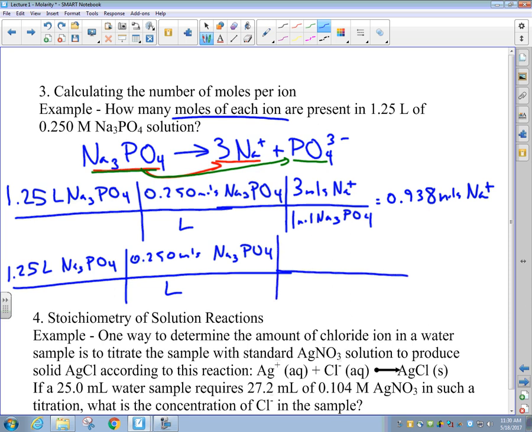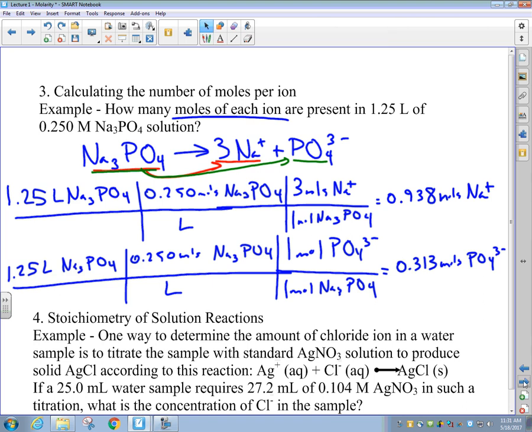Then our final step, for every 1 mole of the sodium phosphate, we are going to produce 1 mole of phosphate ions. So we have a 1-to-1 ratio in our second monorail here. We're going to go ahead then and calculate that value as 0.313 moles of phosphate ion. These problems, we could ask you to solve for the moles of each ion, or we could pick one of the 2 ions to ultimately have you solve that problem.